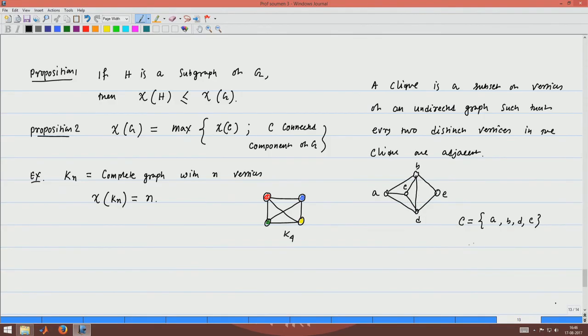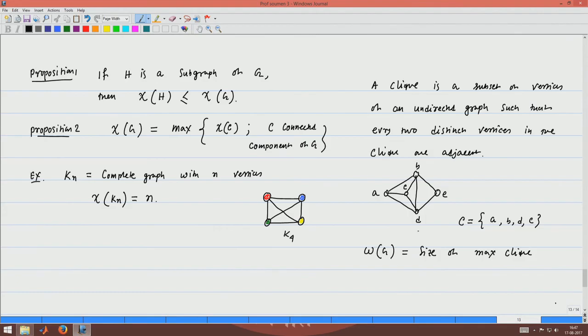And also B, D, E is also a clique because these 3 vertices are adjacent to each other. Okay. And the notation omega of G stands for the size of the maximum clique.